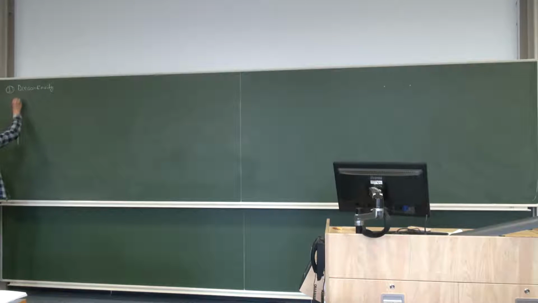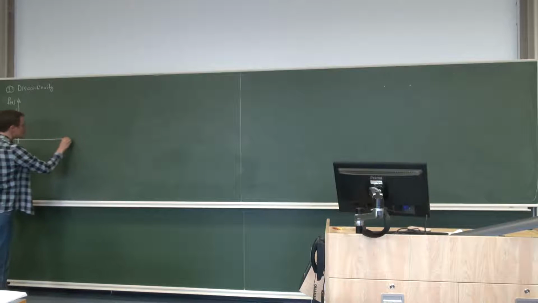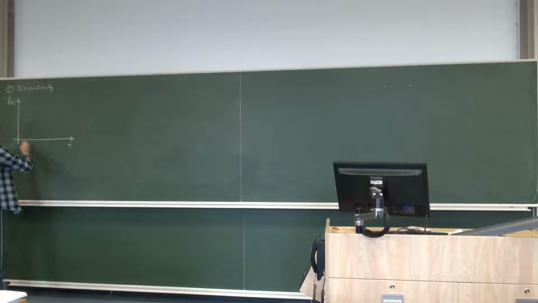If we plot some function f of x, or perhaps of time, so a time-dependent trajectory of some particle, and let's say it moves somehow and then just abruptly jumps from one point to another, and then goes on further.